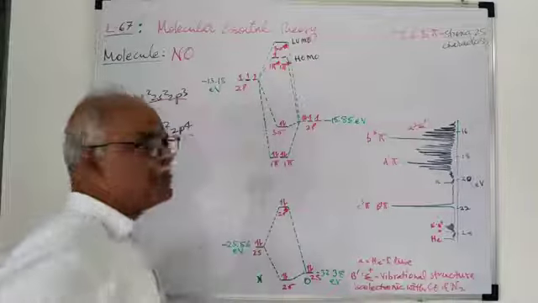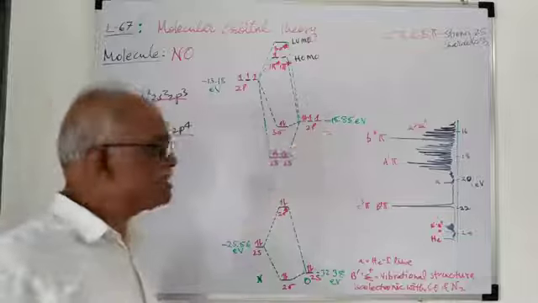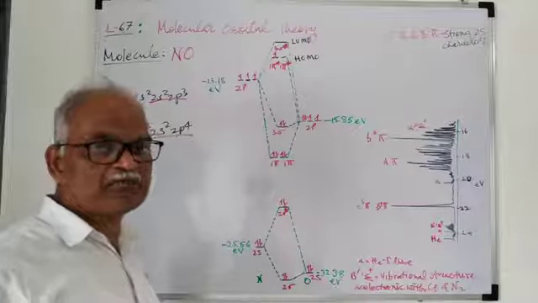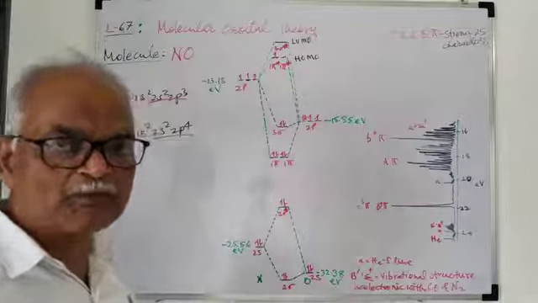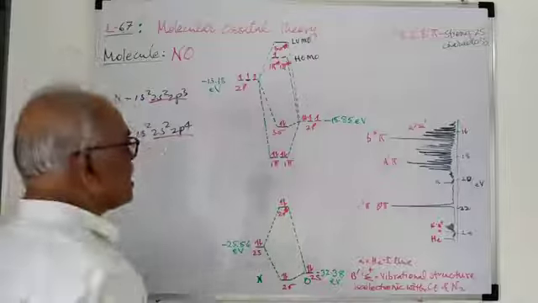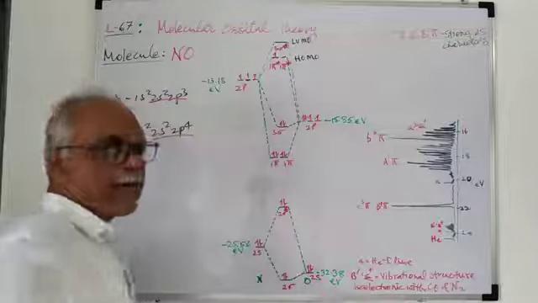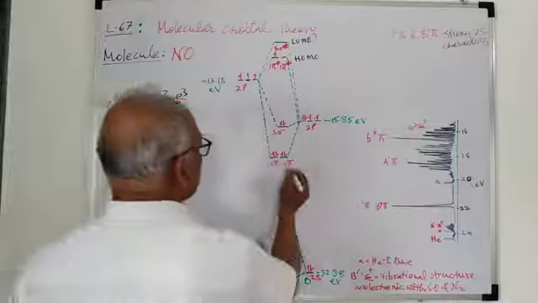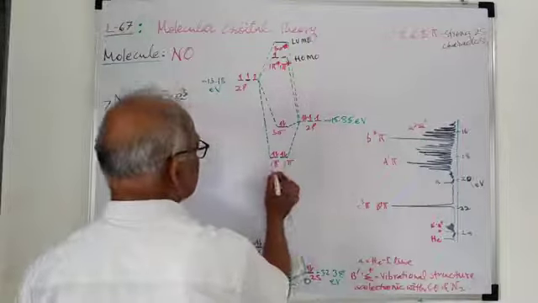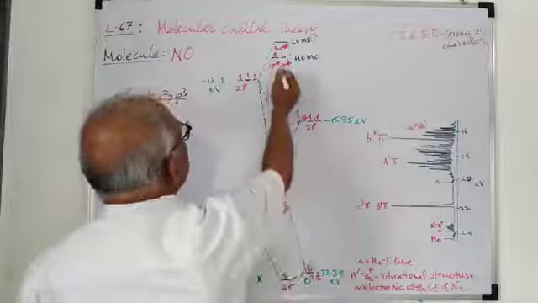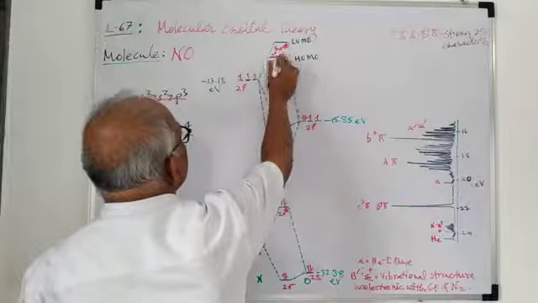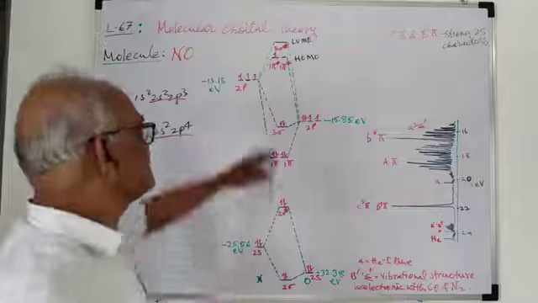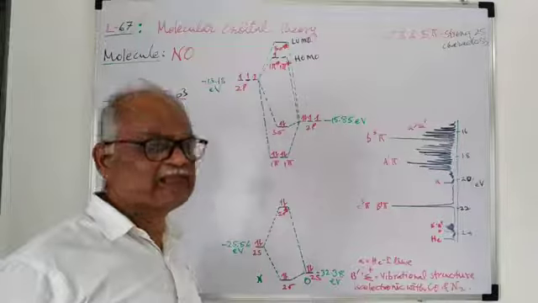The px and py orbitals of both atoms undergo linear combination and produce 4 molecular orbitals, out of which 2 are pi molecular orbitals of bonding nature. These are named 1 pi and 1 pi. The other 2 are antibonding molecular orbitals, 1 pi star and another pi star.